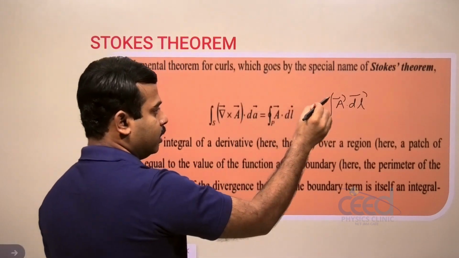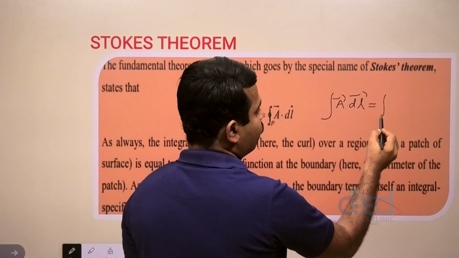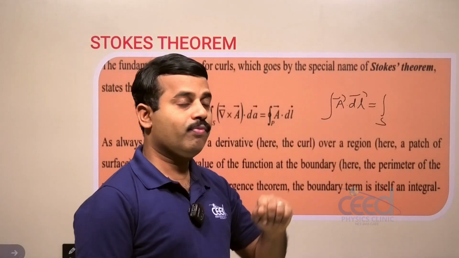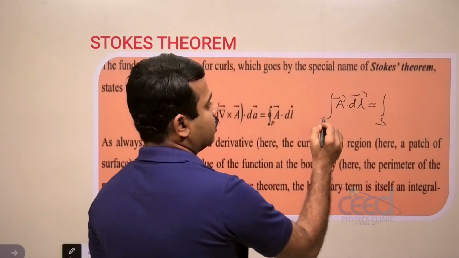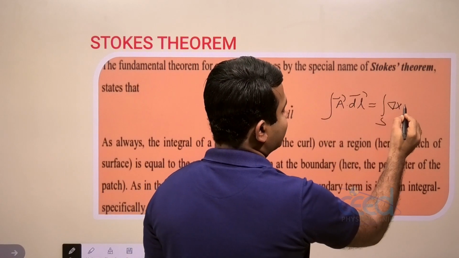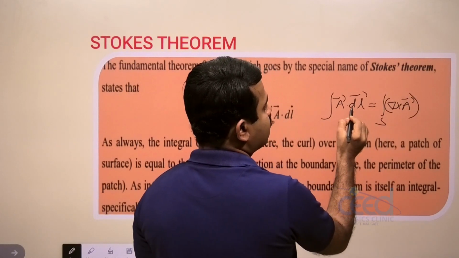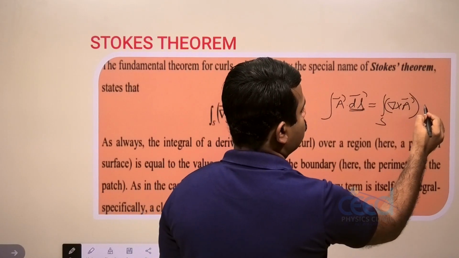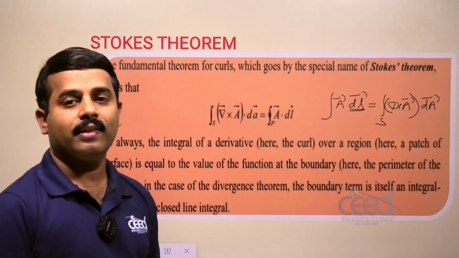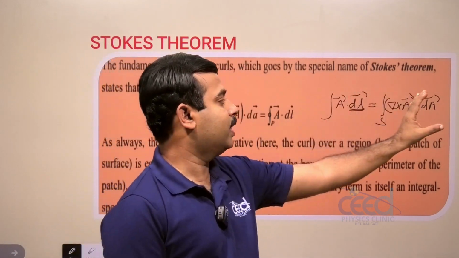Instead of calculating this, you can take the surface integral of del cross A, and the length element changes to the surface element dA. So this is the basic mathematical idea.